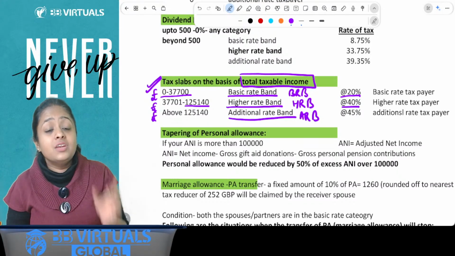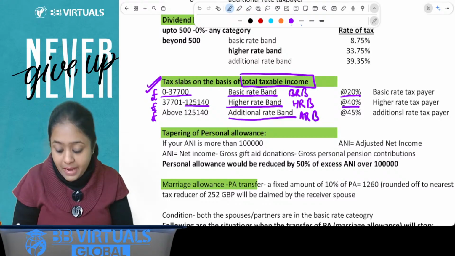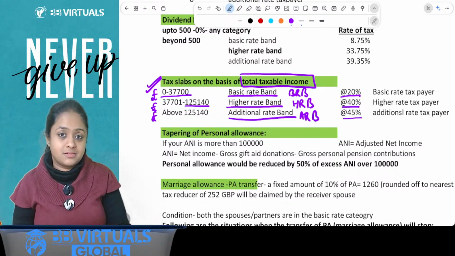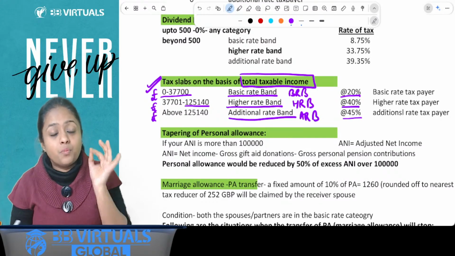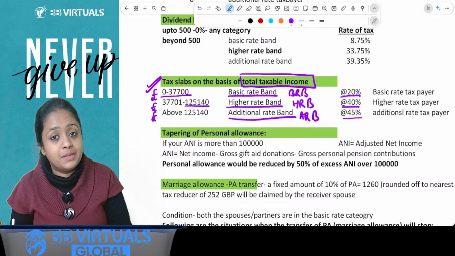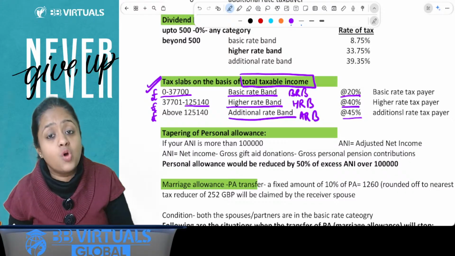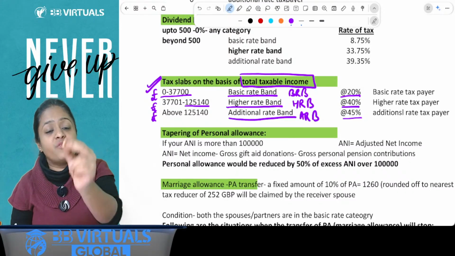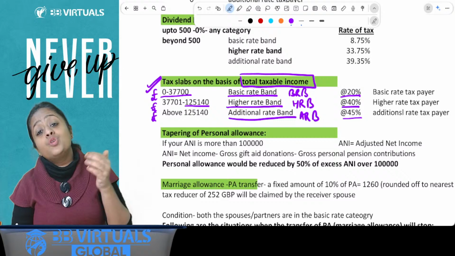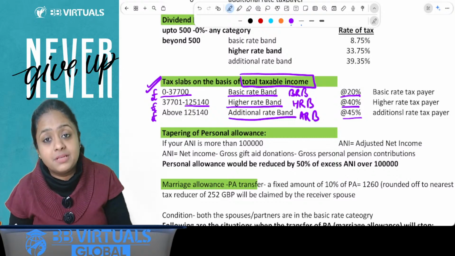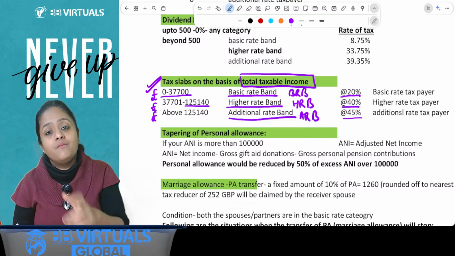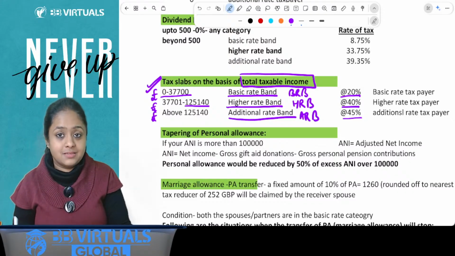And the tax rate for the additional rate band is 45%. Again, repeating: BRB is at 20%. When you go to HRB, the additional income that has gone into HRB will be taxed at 40%. And when you go to ARB, the additional taxable income that is in ARB will be taxed at 45%.